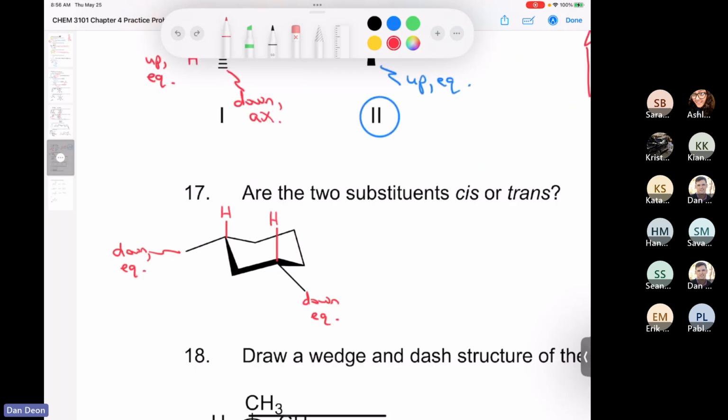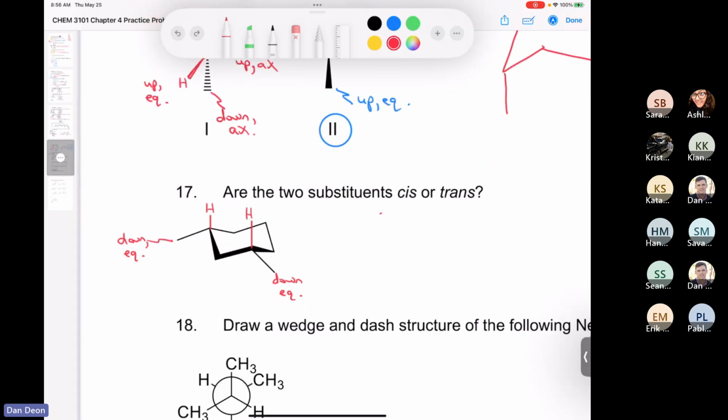So that means they're both on the same face of the molecule, right? If you were to draw the bond line structure, it would look like this. You have a methyl group going down and another methyl group going down. So they would be cis to each other. Does that make sense now that I showed you? They're on the same face of the molecule. Okay, cool. All right.